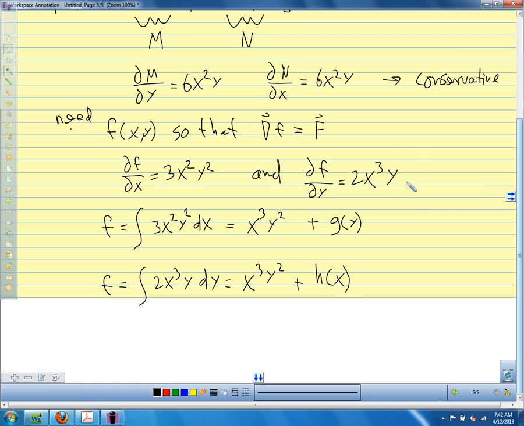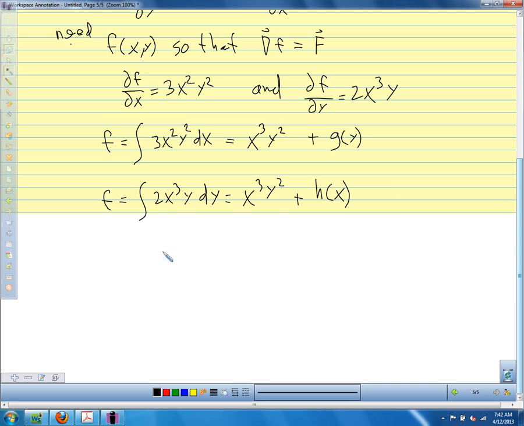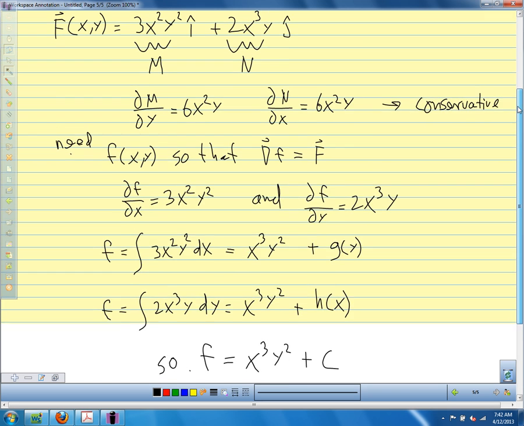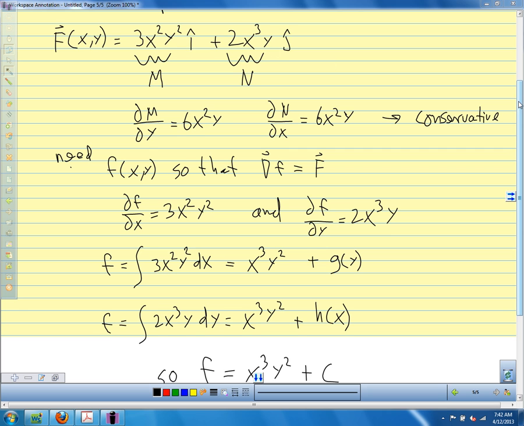So here we're all set. Everything's good. Our potential function is just x cubed y squared plus some scalar constant. That gives us our conservative vector field here.